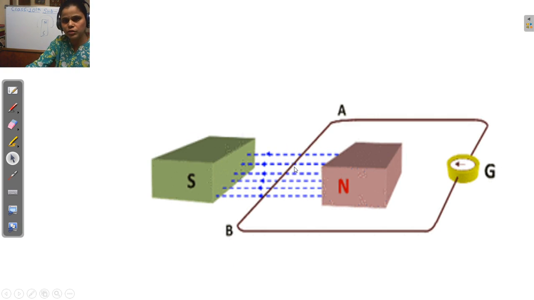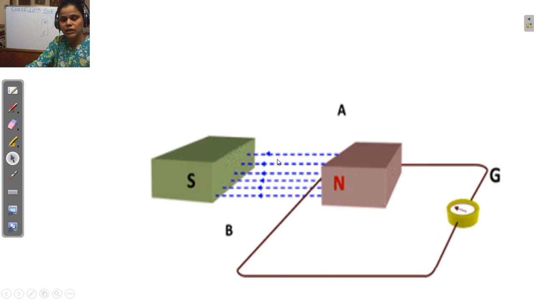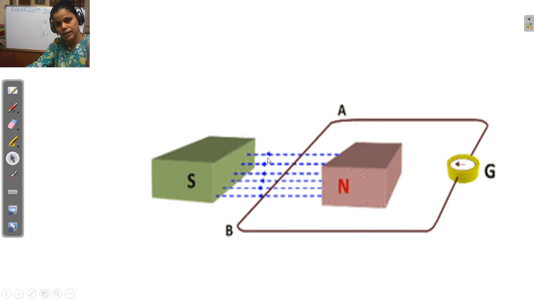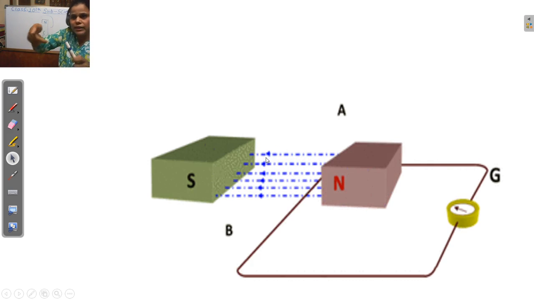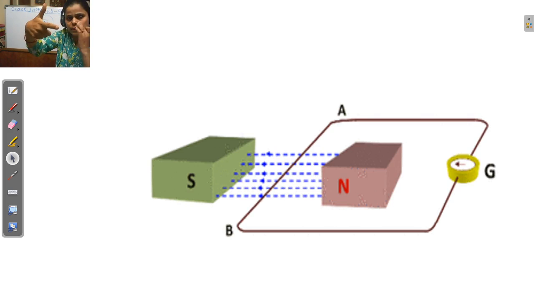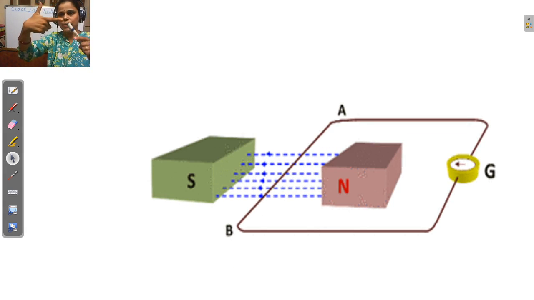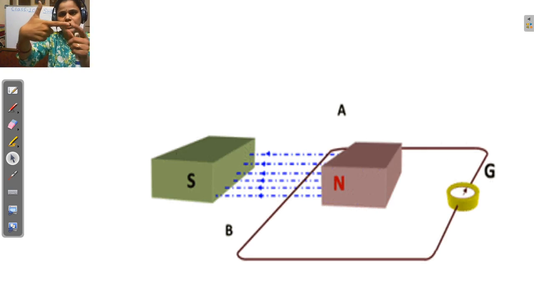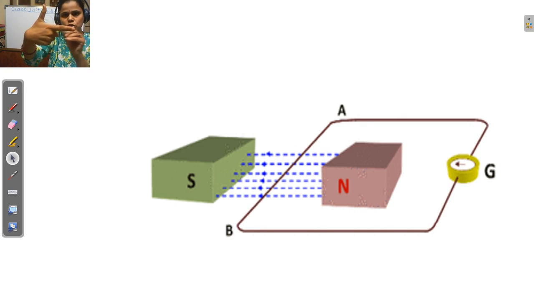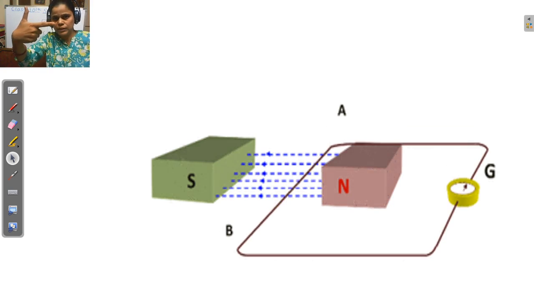The blue lines are the magnetic field lines. The magnetic field line direction is the direction of the index finger.